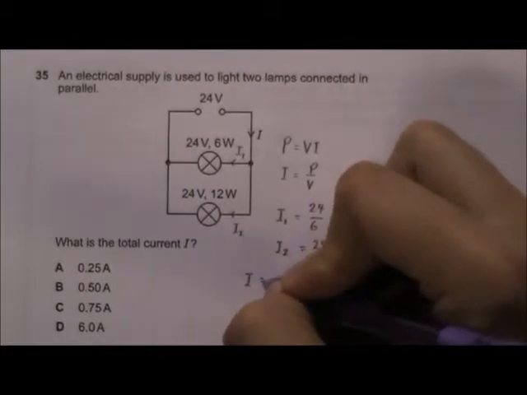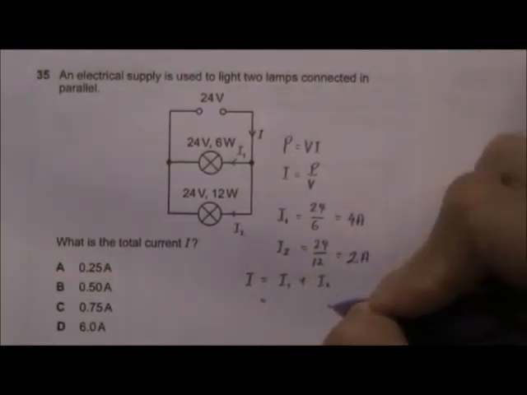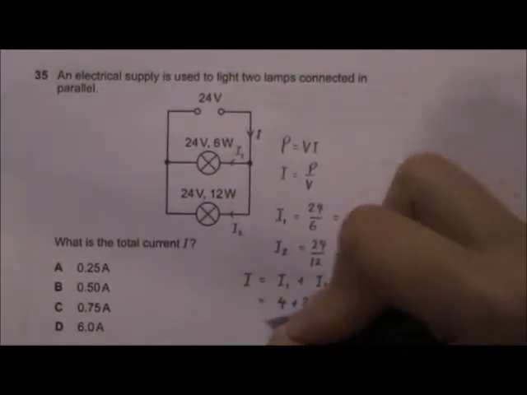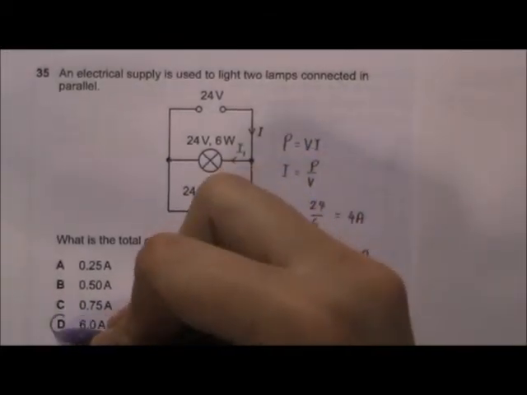I is equal to I1 plus I2, that will be 4 plus 2, which is 6 ampere. Answer is D.